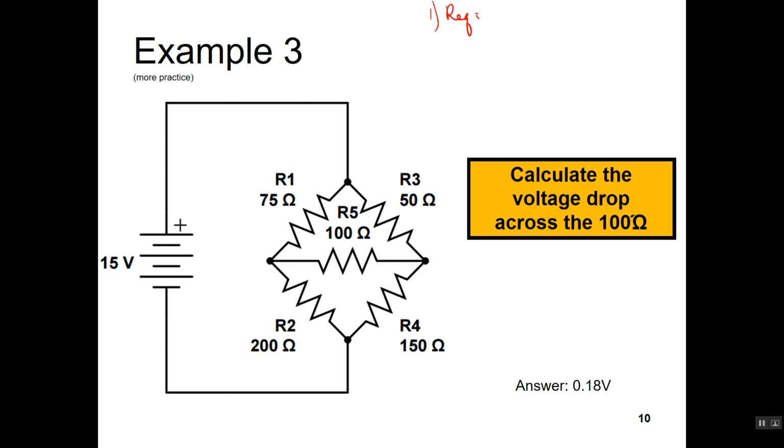Step one is to calculate REQ by ignoring the middle one.